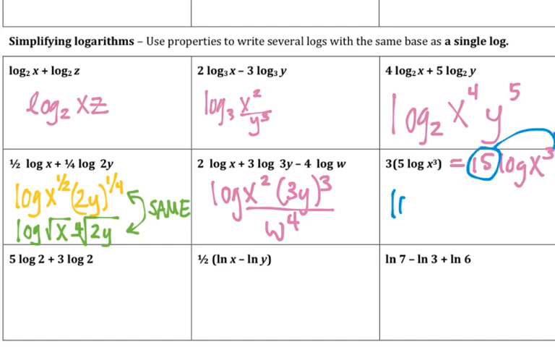So what do you get when you have log of x cubed raised to the 15th power? What's that the same thing as? 15 times 3 gives us 45. So all of that is equal to the log of x to the 45th power. And that's probably how you would see the final answer written.